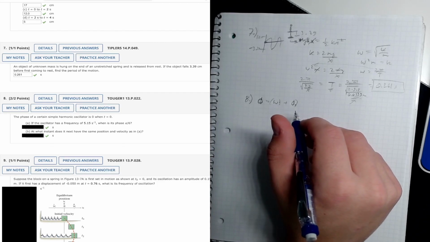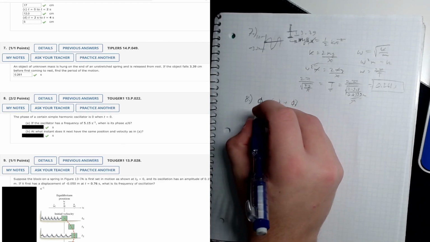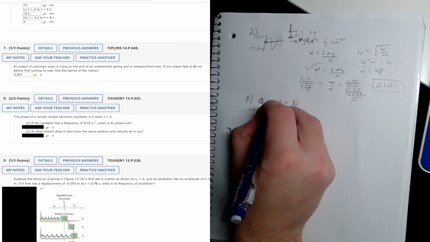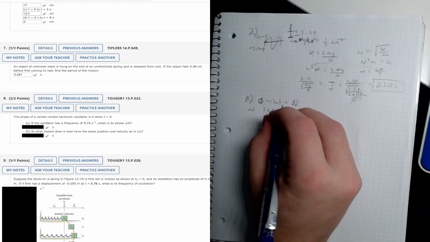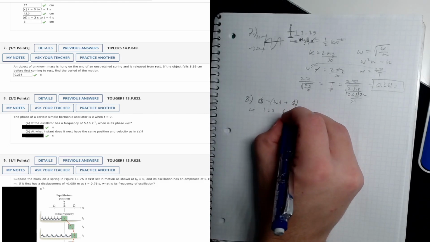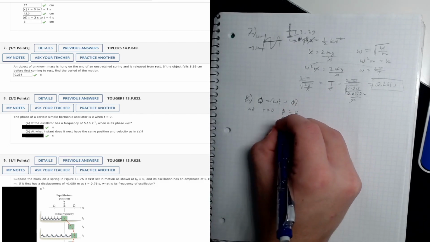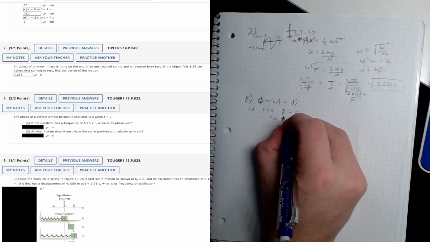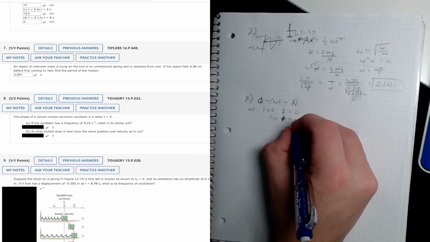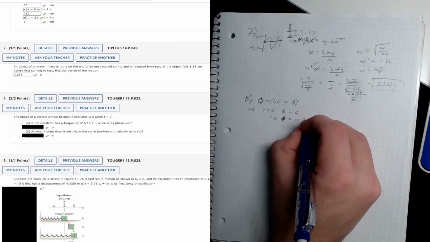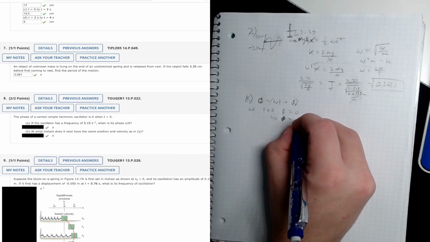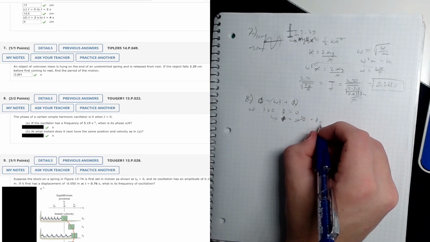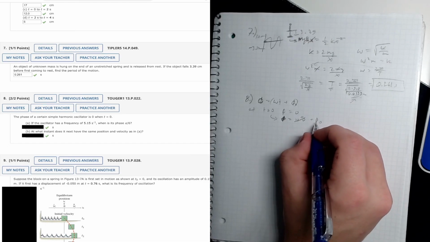So first, at t equals 0, we know that the phase is 0, therefore phase equals W times 0 plus the phase constant, so the phase constant is 0.